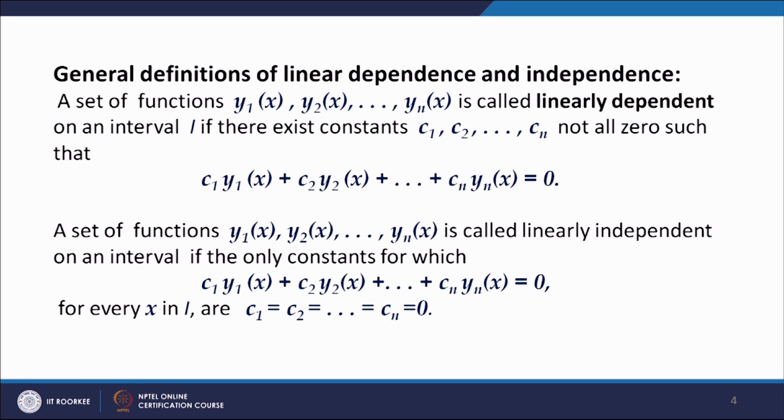If the n functions are not linearly dependent, then they will be called linearly independent, and for that we have the definition that c1φ1 + c2φ2 and so on cnφn equal to 0 will always imply that c1 equals 0, c2 equals 0, and so on cn equals 0.